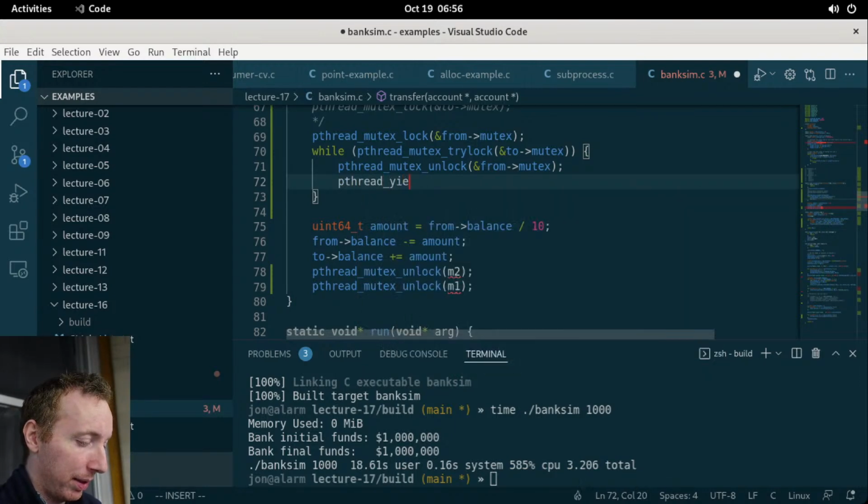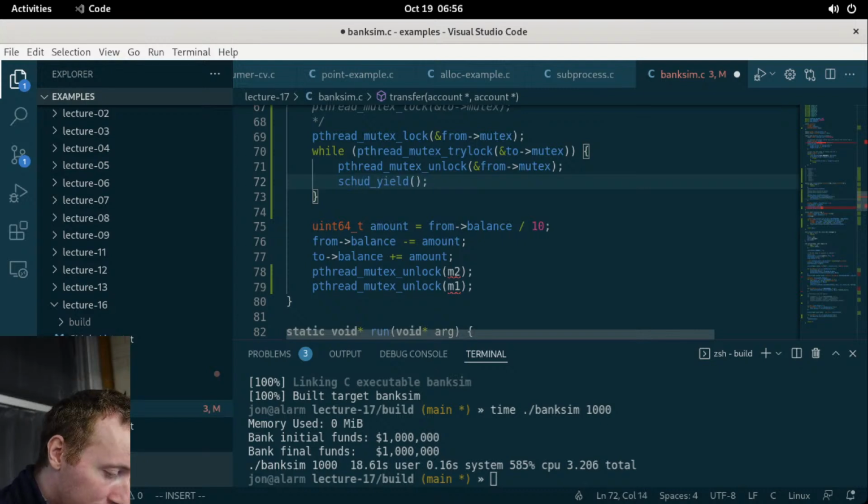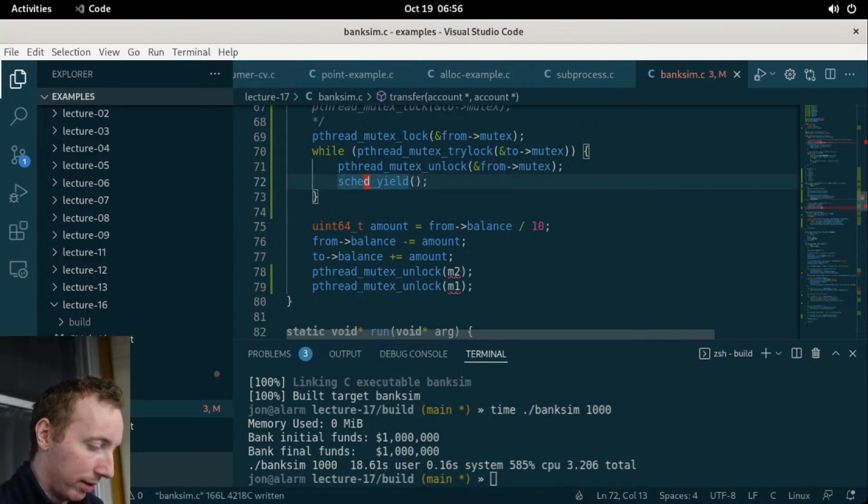You'd think there'd be something called that, but there's not, because the kernel doesn't really care what you are, whether you're the original thread that started a process or a kernel thread you created. So there's just a default term called schedule yield that tells the scheduler, hey, I'll yield myself.